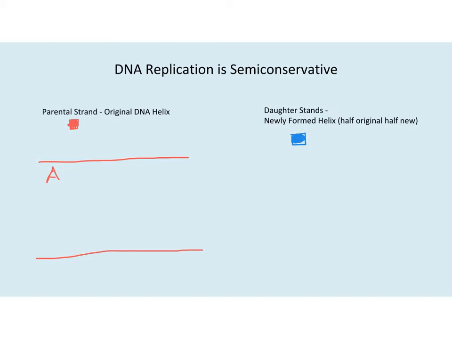I'm just going to put some letters in here. So I'll put A, G, C, C, A, T. And then corresponding to it, I know that if that's an A, that must be a T. If that's a G, that must be a C. That must be a G. That must be a G. That must be a T. And that must be an A. Because they have to match up, right?